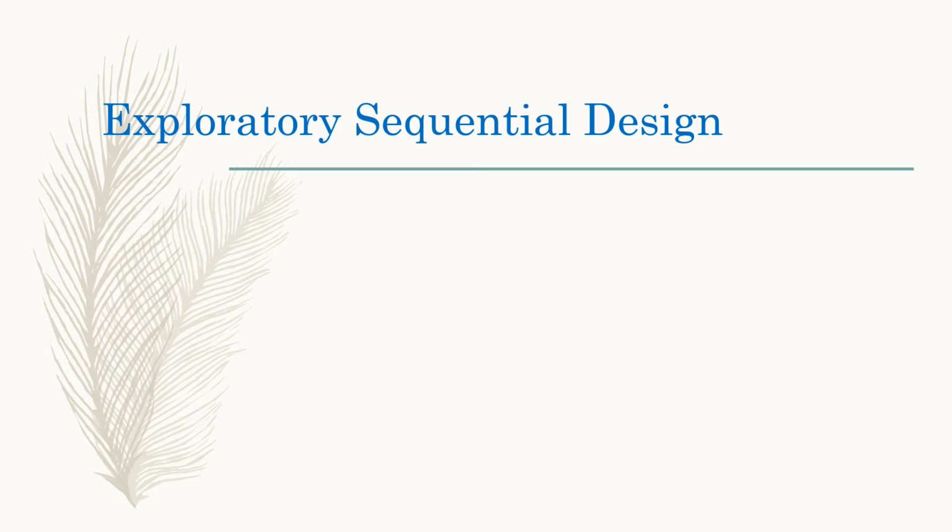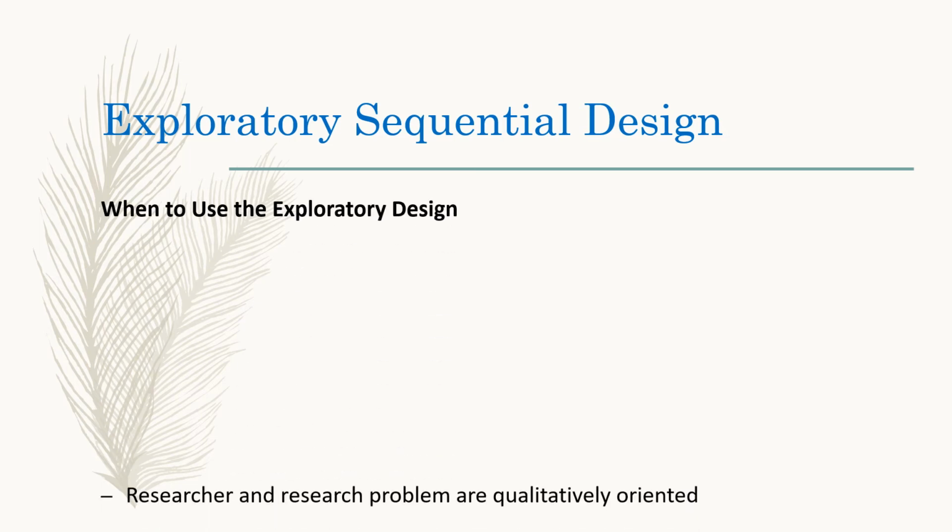In doing your exploratory design, you have the purposes. You need to explore variables, theories, and hypotheses not known, to develop an instrument or typology that is not available, and to assess whether qualitative themes generalize to a population. When do you use the exploratory sequential design?